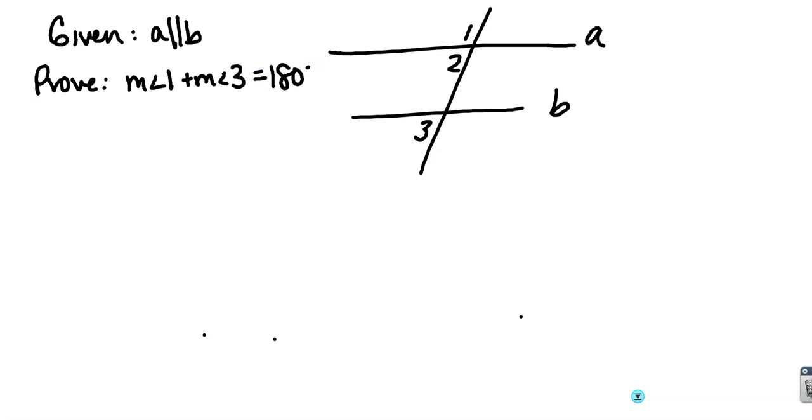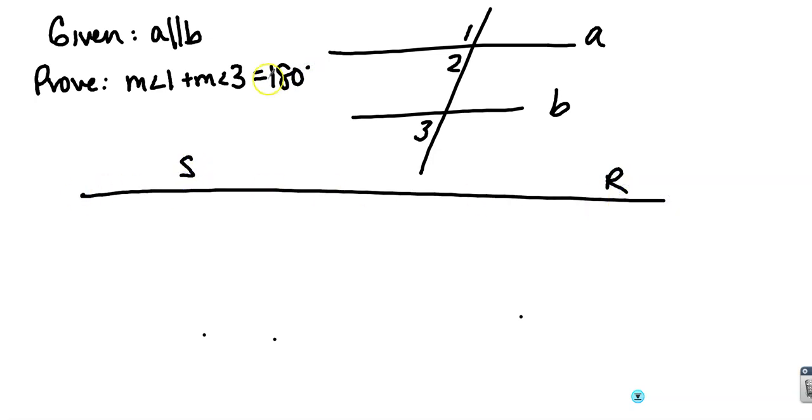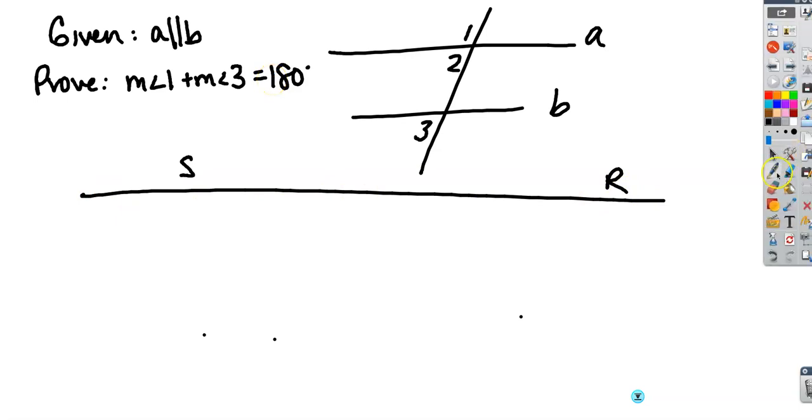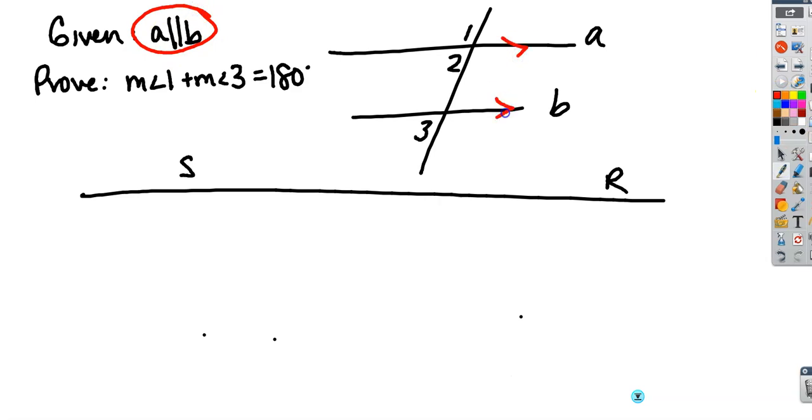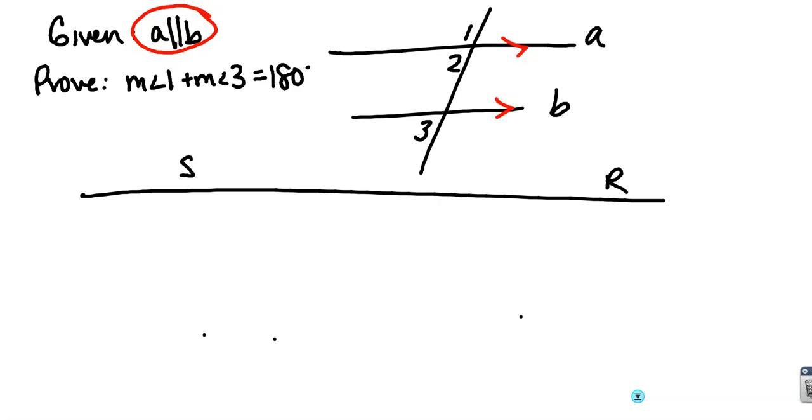So we're going to prove that they add up to 180. That's our plan. This is a little bit trickier because you have to do the 180 part, but it's not bad. First things first, label that diagram. They're parallel. Next thing, always list your givens.